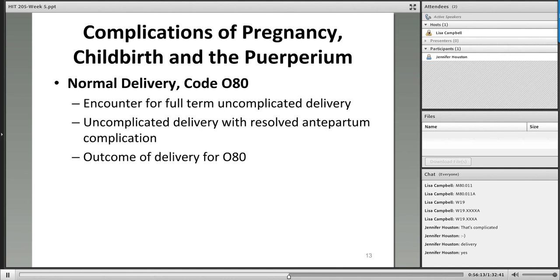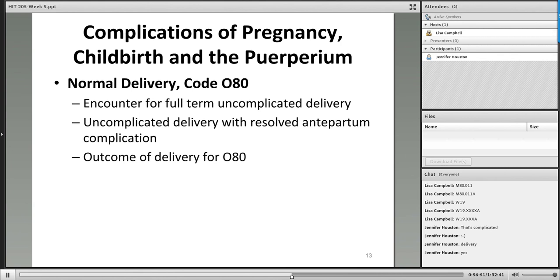And the coding manual states we can use code O80 when full-term delivery, single delivery. So if they have twins, not a normal delivery. So full-term, single infant, and basically they just push that baby on out.